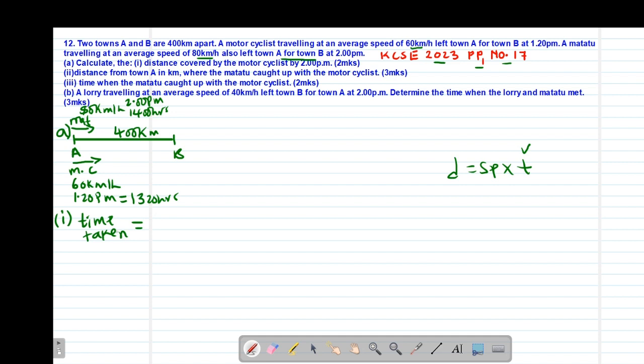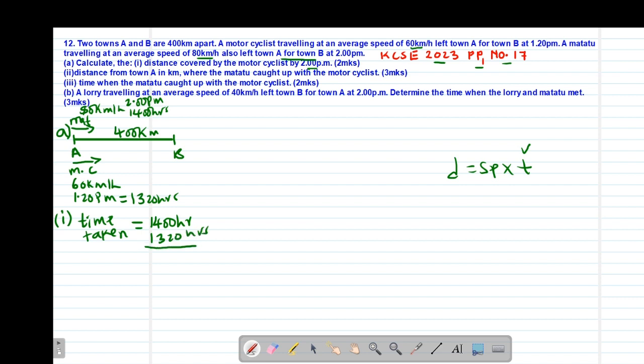The arrival time will be 2:00 p.m. because we are told to find the distance by 2 p.m. So arrival time is 14:00 hours, which is 2 p.m. Then you subtract the departure time, 1:20 p.m. In 24-hour clock system, it is simply 13:20 hours.